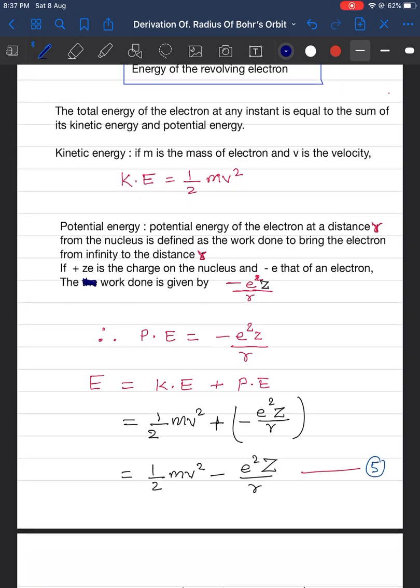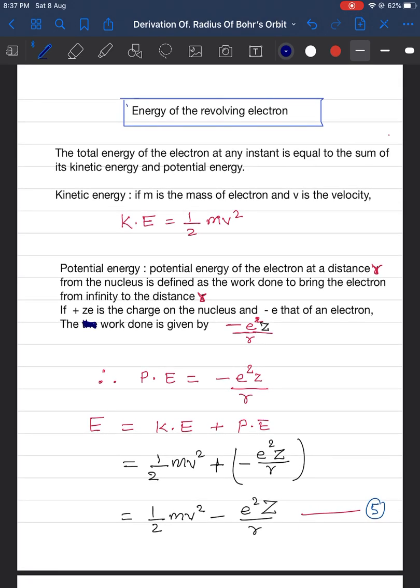And the total energy of the electron at any instant is equal to the sum of its kinetic energy and potential energy. If m is the mass of electron and v is the velocity, then kinetic energy is equal to half mv squared, and potential energy of an electron at a distance r from the nucleus is defined as the work done to bring the electron from infinity to distance r.